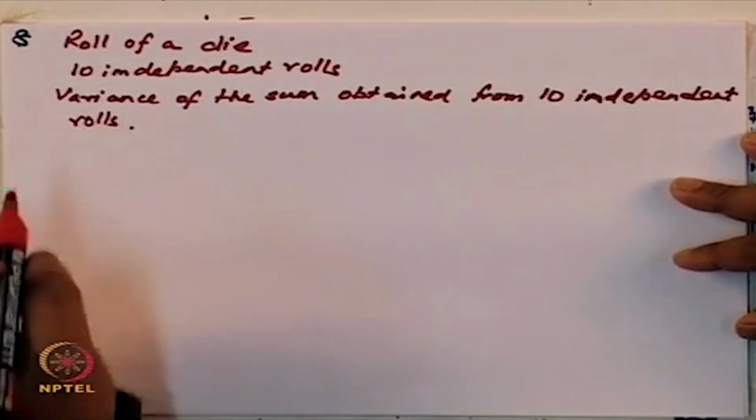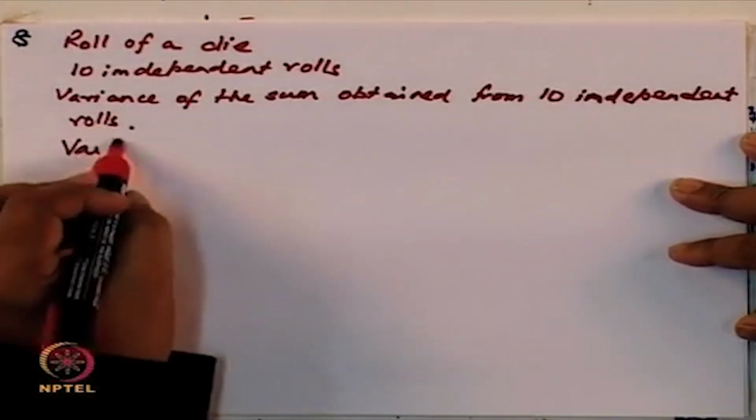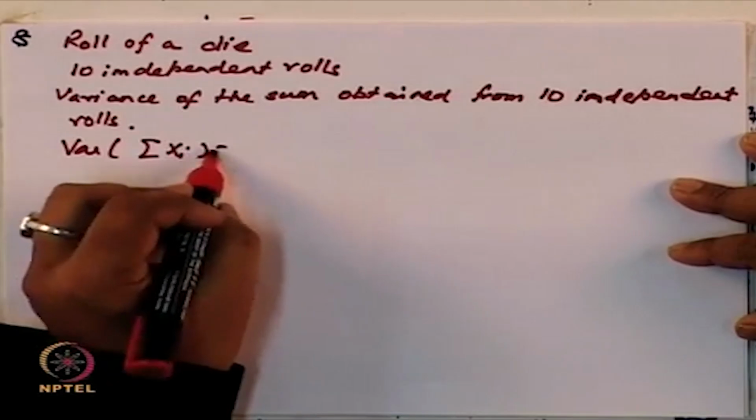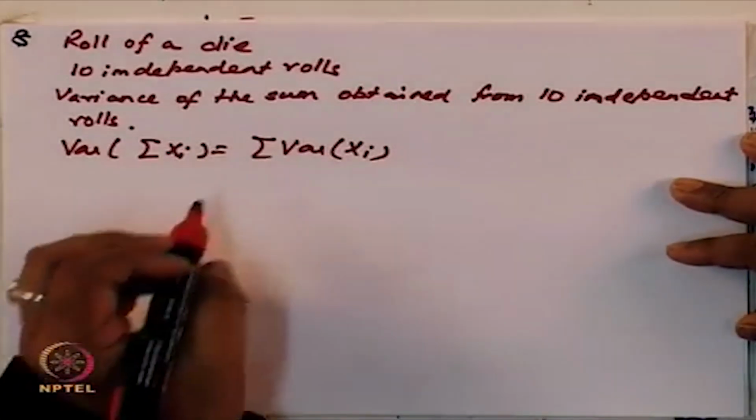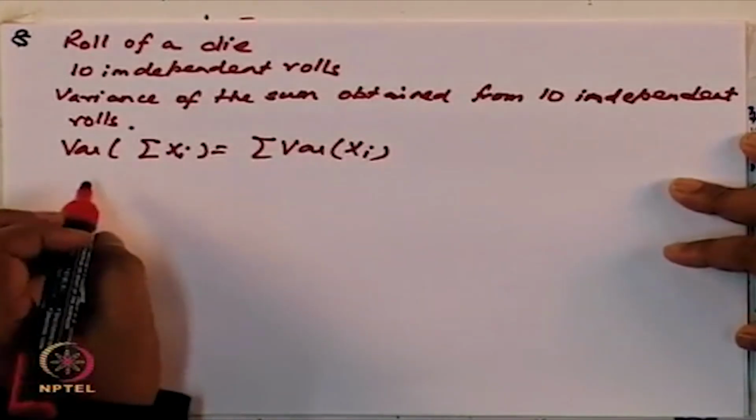Okay. So, as in the previous case, we can again have the same thing, variance of summation xi is summation of variance of xi. Okay. So, I want to compute variance of xi, right.